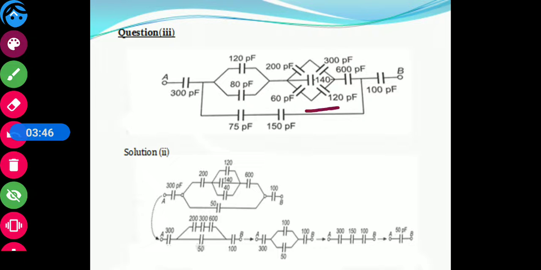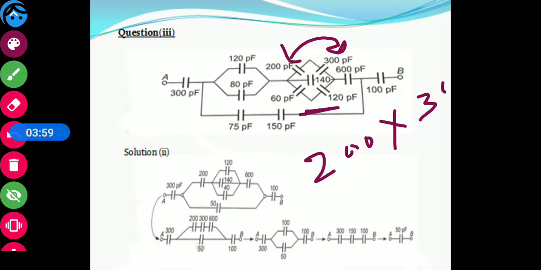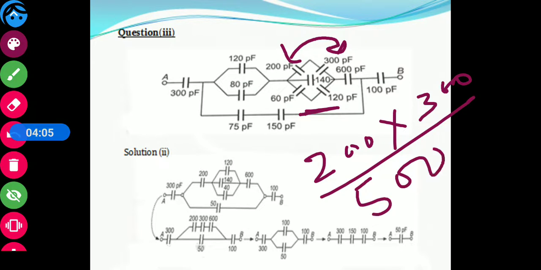Then again, if you look at this, here 200 and 300, these two capacitors are in series. So their resultant will be 200 into 300 upon 200 plus 300, that is 500. If you simplify this, you get 4 3s are 120.